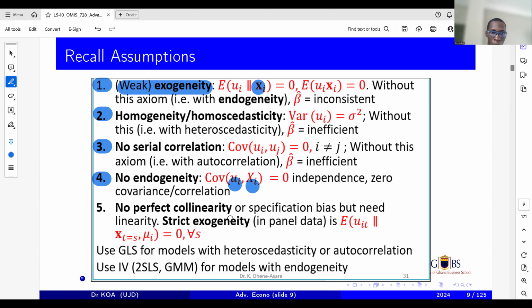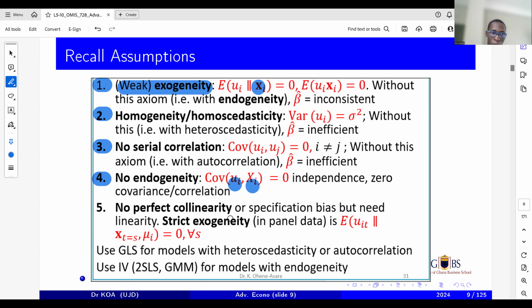So those fixed and random effects are the panel data version of the cross-sectional GLS that we know. But when it comes to endogeneity, none of these things can solve it. For endogeneity, you have got to move into instrumental variables, either two-stage least squares, generalized method of moments, or the Lubel approach.